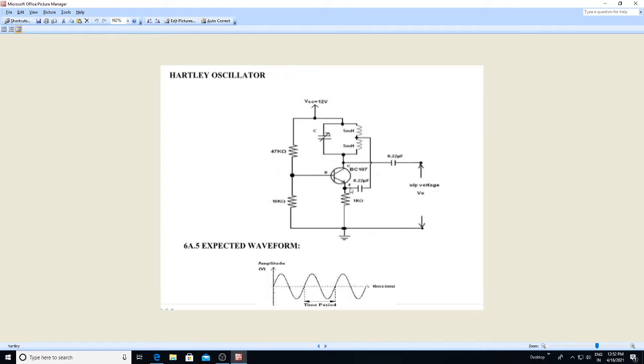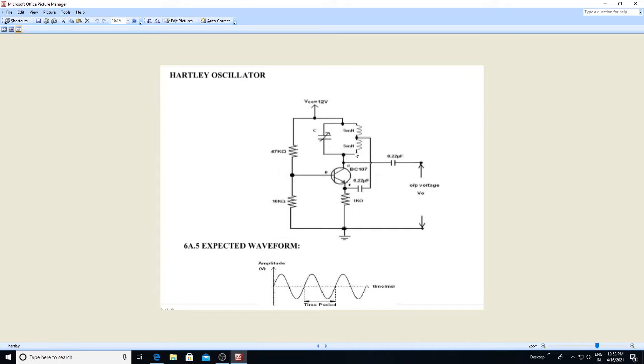If the tank capacitance is C, and the total inductance of the tapped coil is L, then F is equal to 1 by 2 pi under root of L and C. So that is the theoretical frequency, F is equal to 1 by 2 pi root LC.